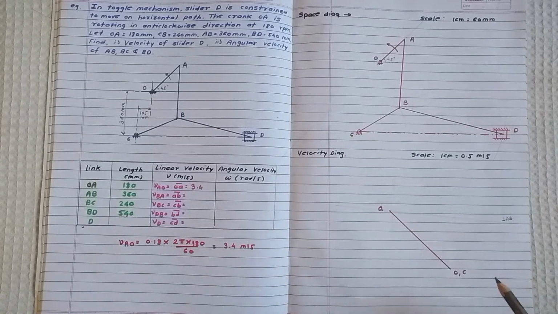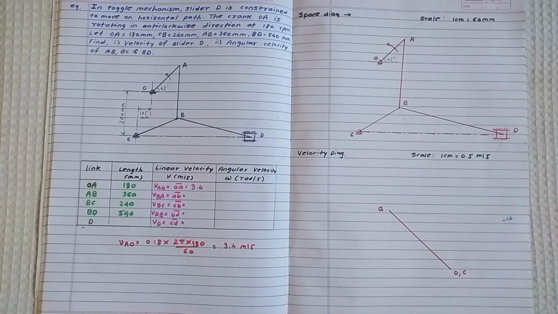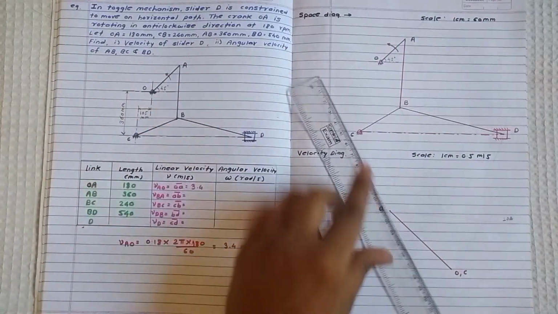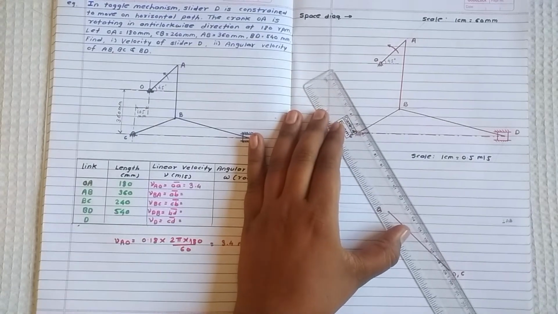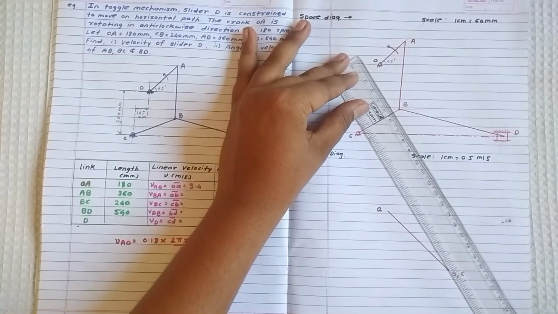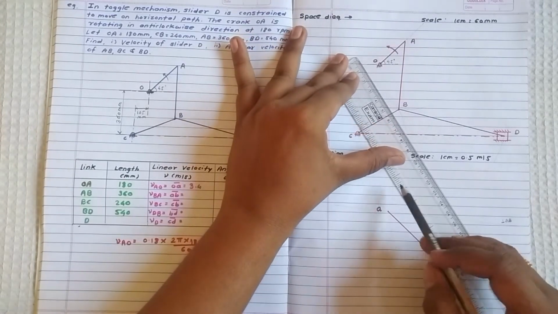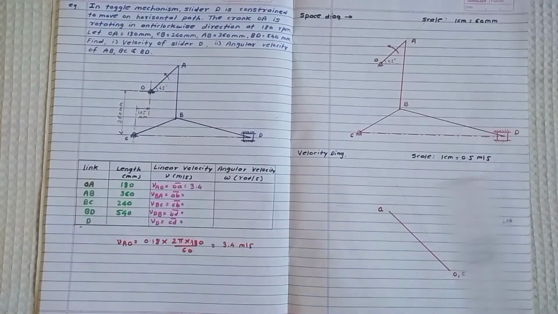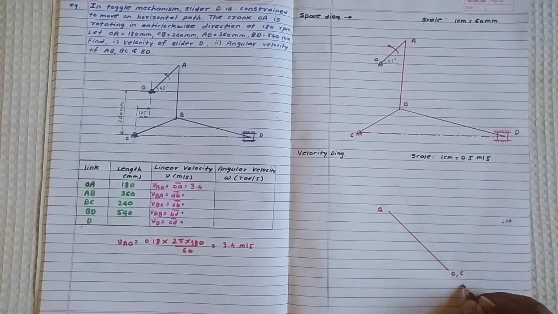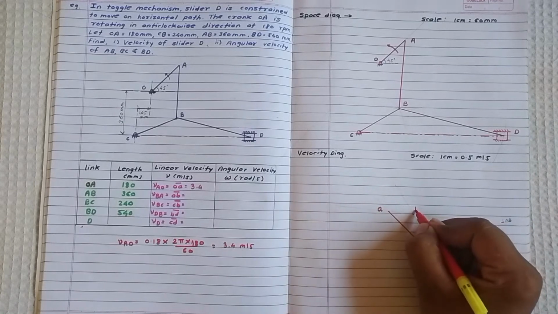We know the C point is there with us, so we can draw a perpendicular to BC from point c. Its direction we know, magnitude we do not know. It is going like this, perpendicular to BC. The perpendicular to BC and the perpendicular to AB meet at a point, b. So this is point b.